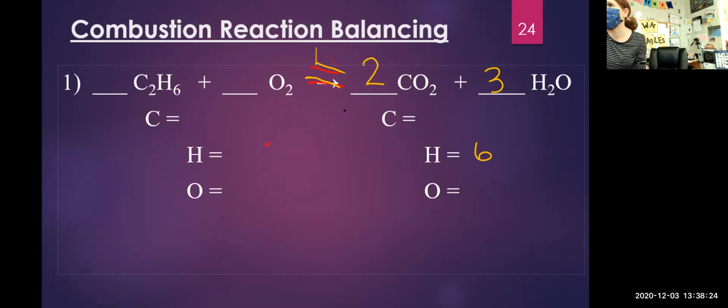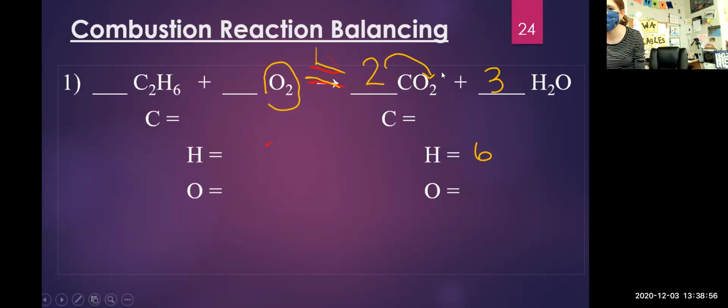Now we have to do our O's. This is where combustion reactions are really different from all the other types of reactions, and that's why it's so important to balance them in CHO order, because you have to pay really close attention. We've got 2 over here. How many do we have on this side? Let's count and be careful. We've got 2 times 2, which is 4.